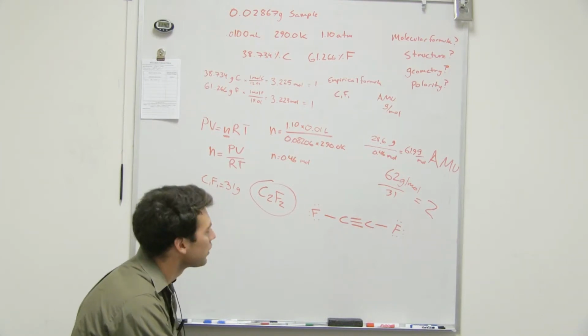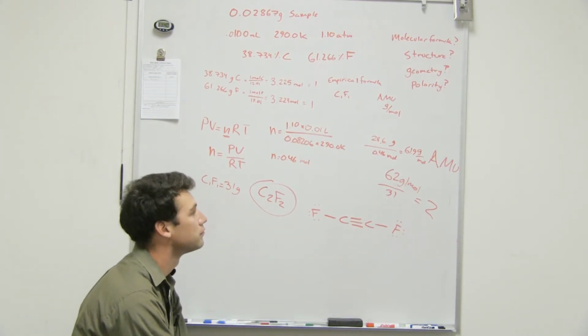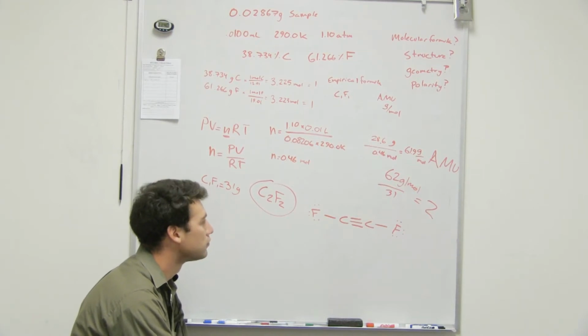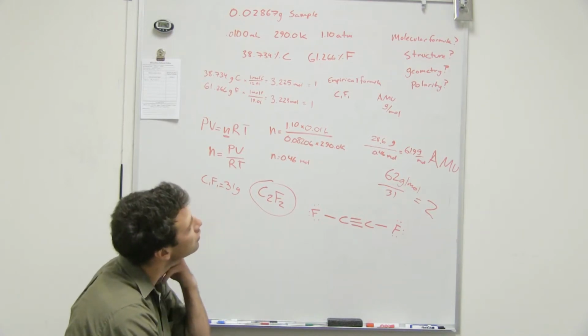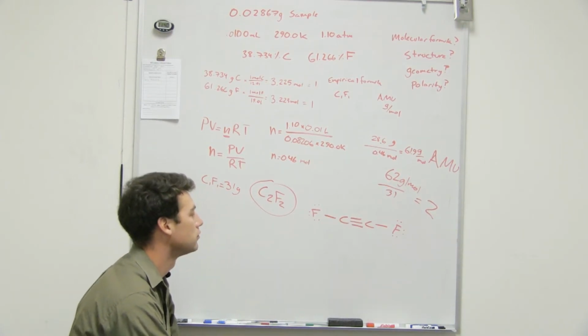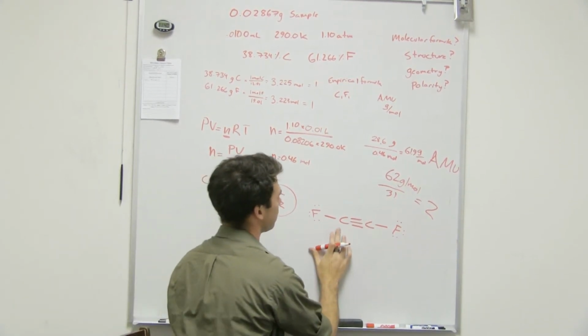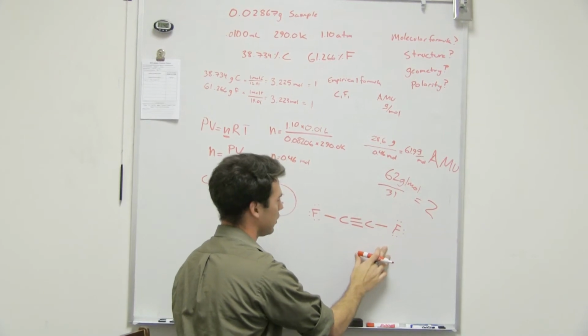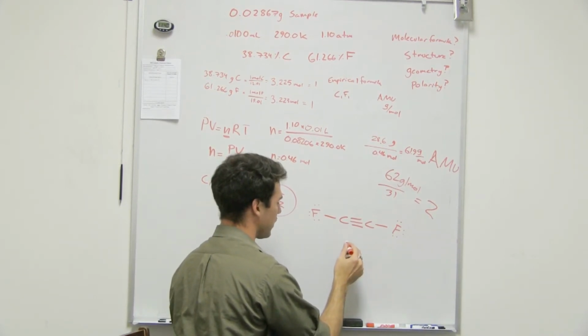Now let's look at this guy. What's his geometry? Would it be like triangular? Let's take a look. Trigonal would be if you had 3 things attached to it.